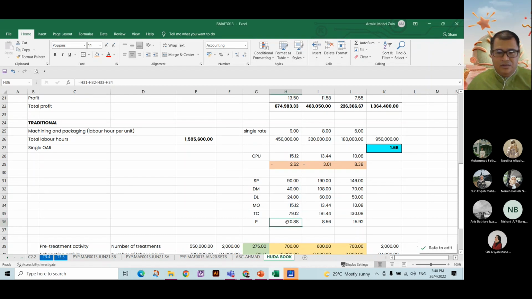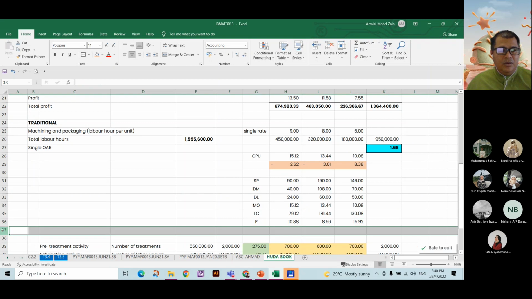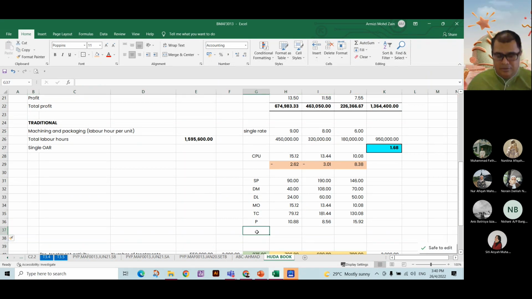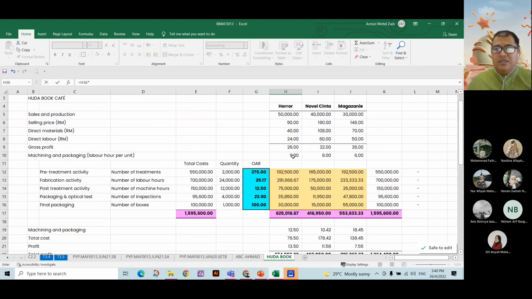So yang ni, kalau kita dapat balik dia punya total profit dia, this one you letak sebalik atas tadi.